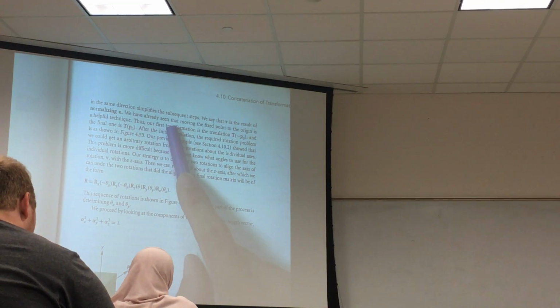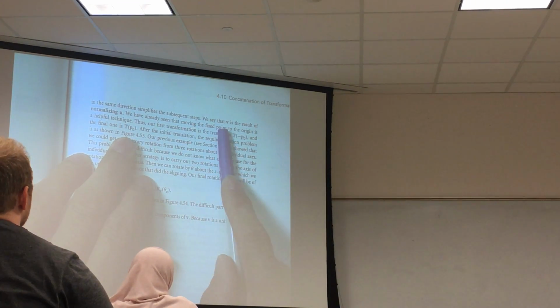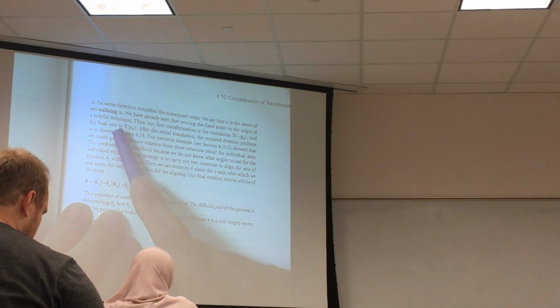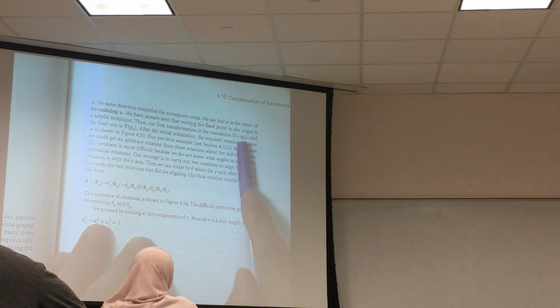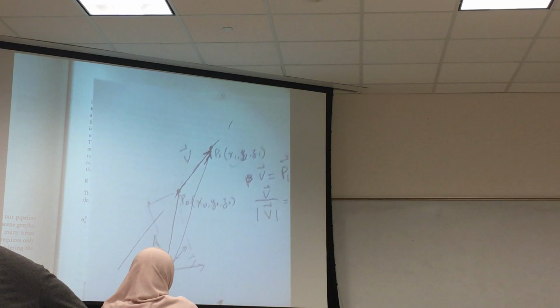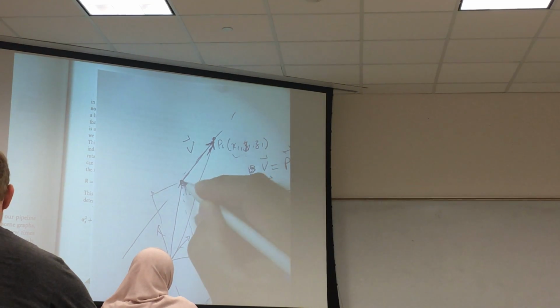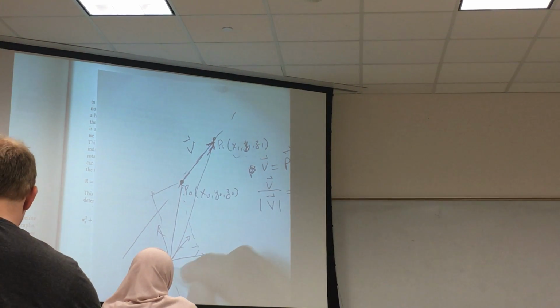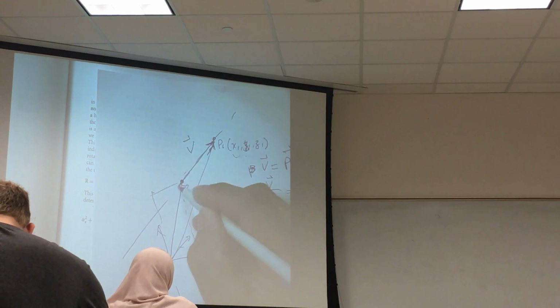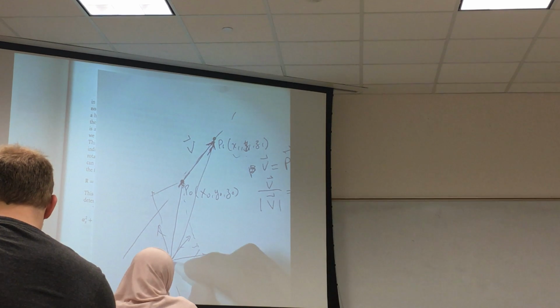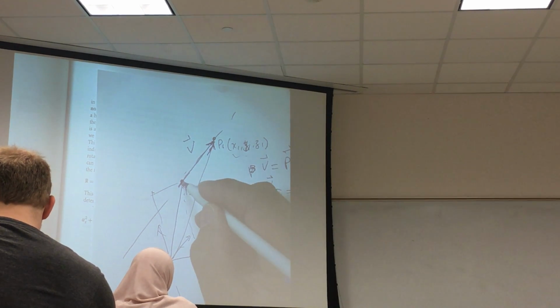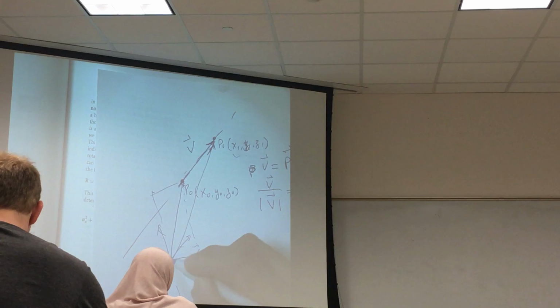We have already seen that moving the fixed point to the origin is very useful, because the first translation is translation back by minus P0, right? So if we see our case here, if we use this as P0, we have to move this thing back to the origin.